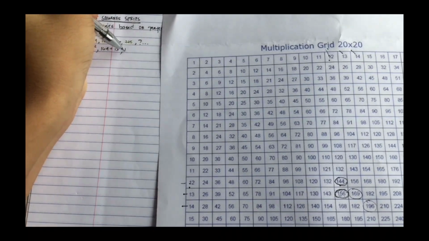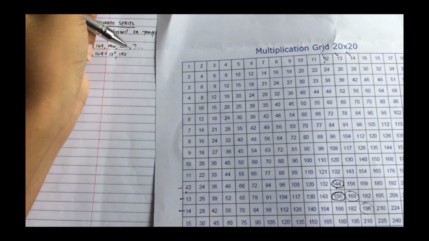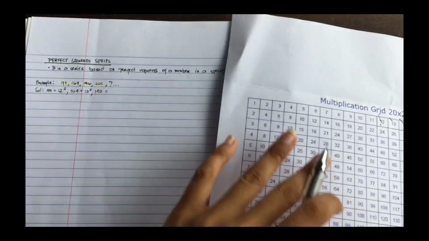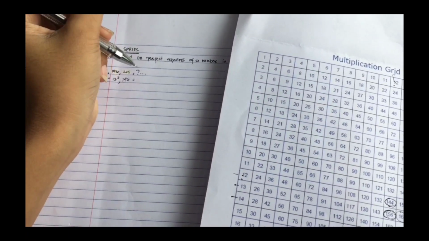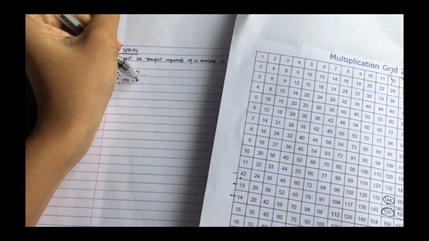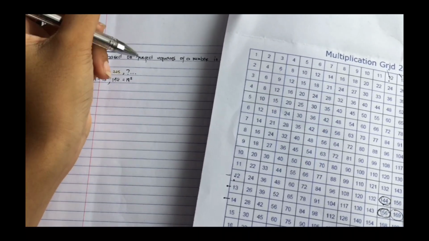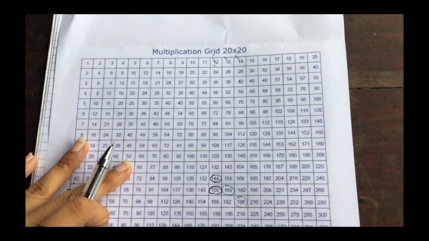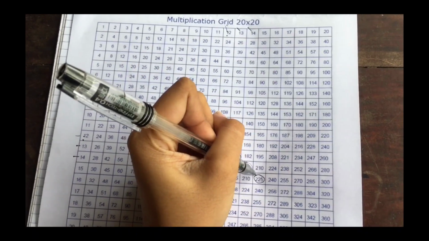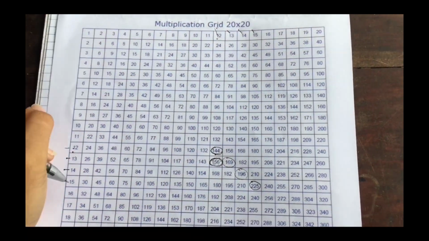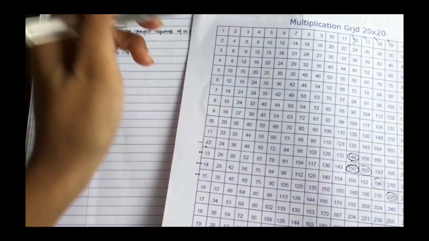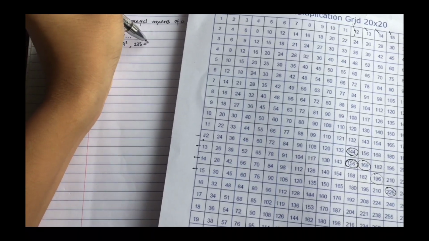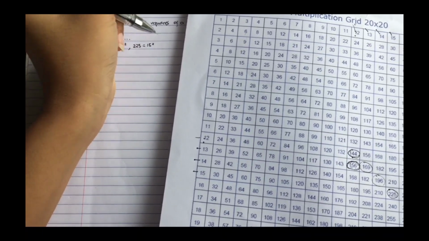So 196 is equal to 14 square. And then next is 225. So 225 was placed between 15th upper times table and 15th lower times table. So 225 is equal to 15 square.